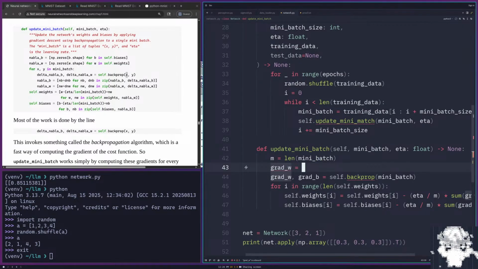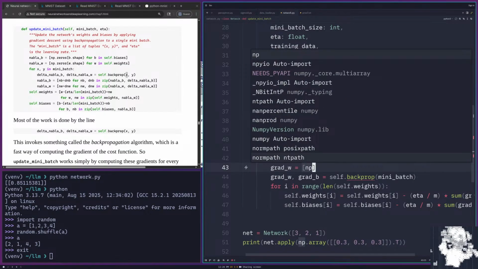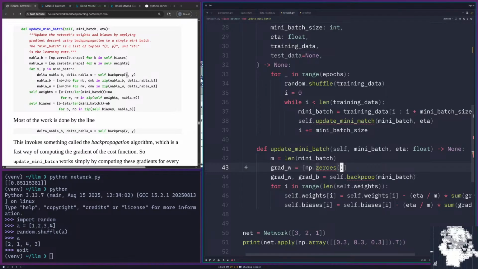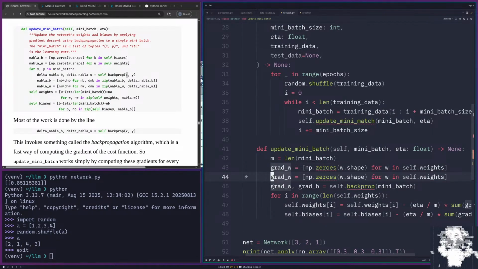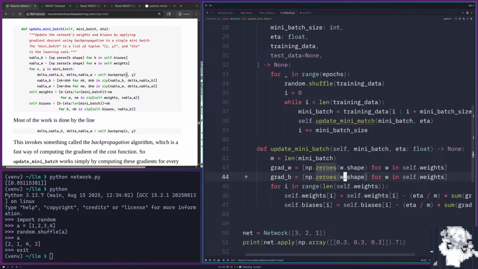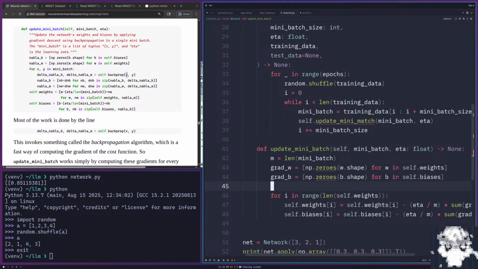Grad of w equals, we'll start it at 0 like they're doing, zeros of w.shape for w in self.weights. And then you need to do a for loop just to do all the back propagations.